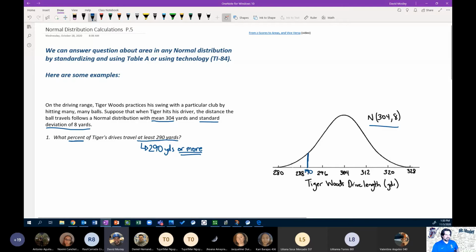Since I want to know what is greater than that, I'm looking to the right. I want the area under the curve to the right. Remember, the proportion I find on table A will give me what's to the left. So whatever I find, I'm going to have to subtract from 1 or from 100% to get what's to the right.